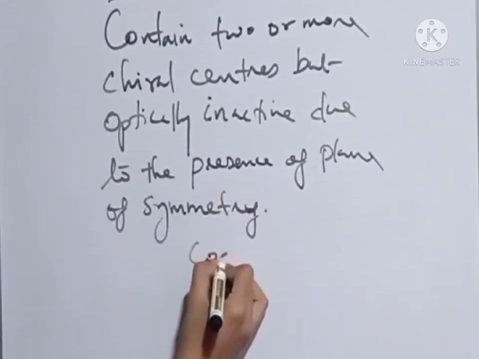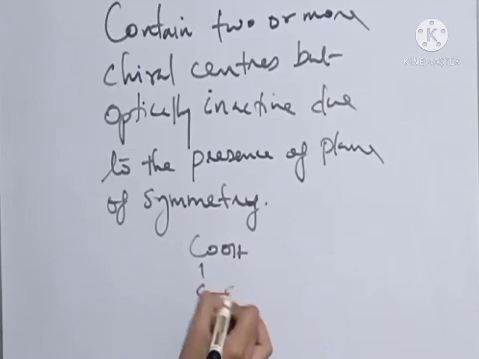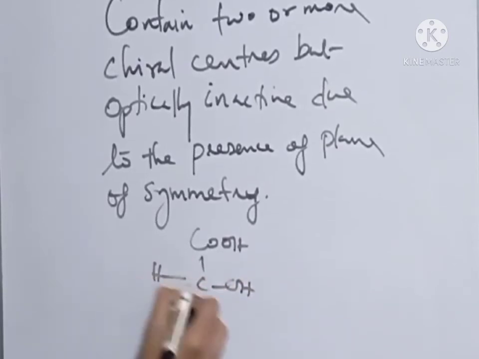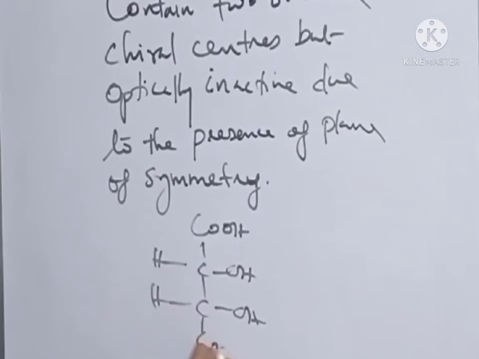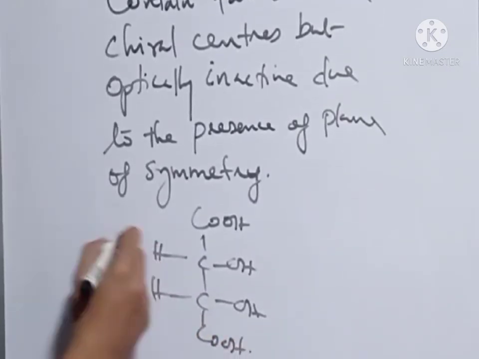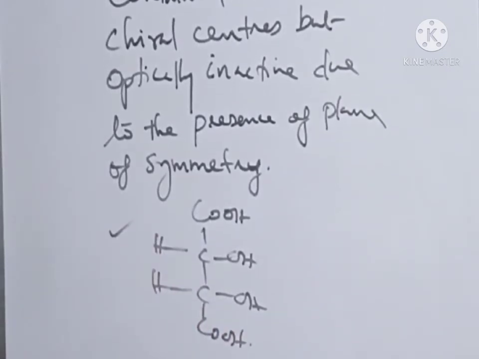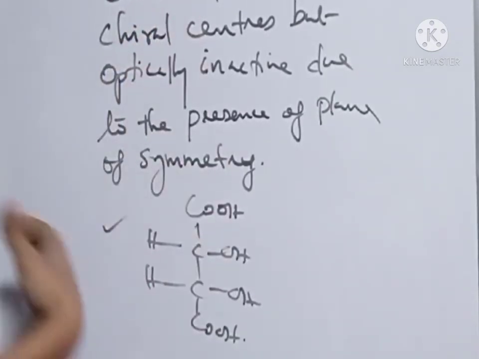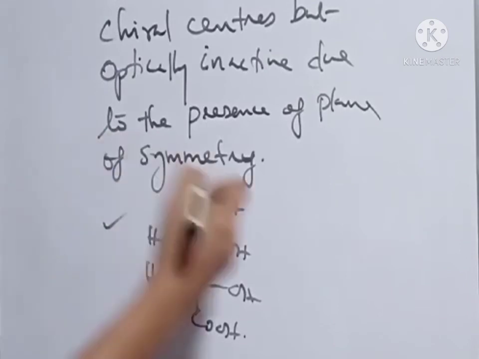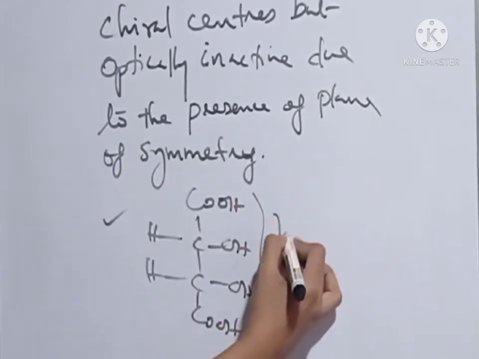Here the example is tartaric acid. This is the meso-tartaric acid. And the reason behind the optical inactivity of meso compounds is internal compensation.